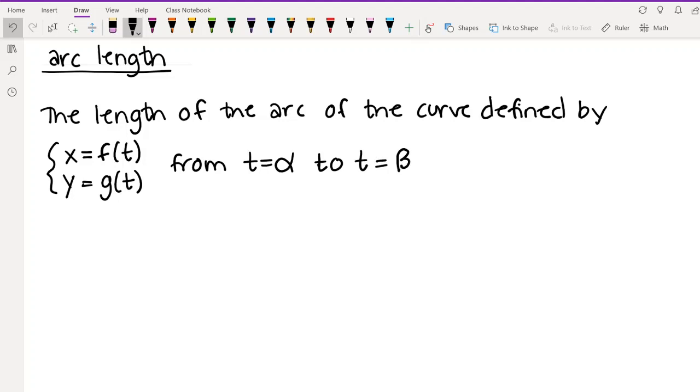So these are just Greek letters, alpha and beta. If you wanted to, you could use a and b. I think they just use these to distinguish that these are not x values, they're t values.